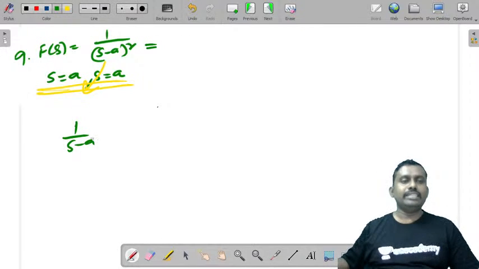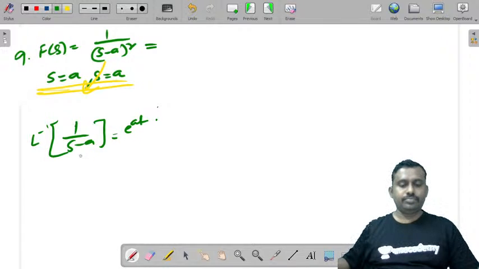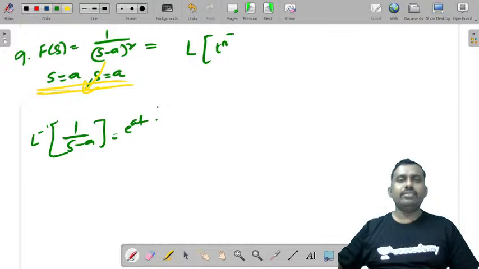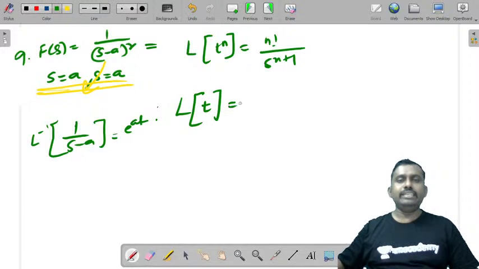1 by s minus a, Laplace inverse is e power at. Now what is the Laplace of t power n? It is n factorial by s power n plus 1. So the Laplace of t is 1 factorial by s square.